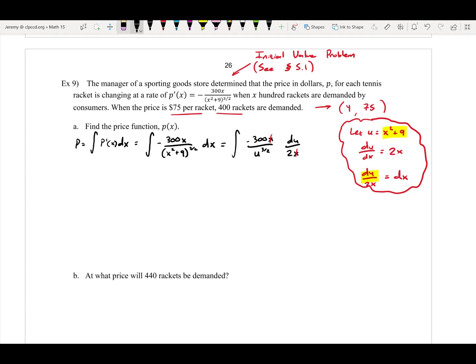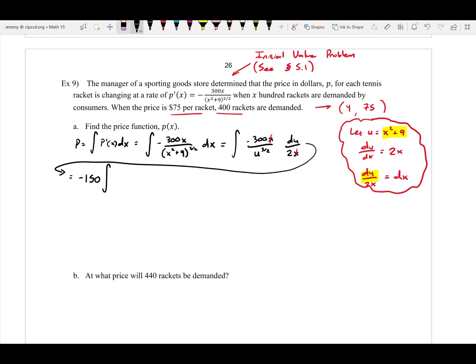And we'll keep going here. That negative 300 over 2, we can simplify that. That simplifies to a negative 150. So let me keep working over here. So negative 300 over 2 is negative 150. I'll bring the negative 150 on the outside of the integral.